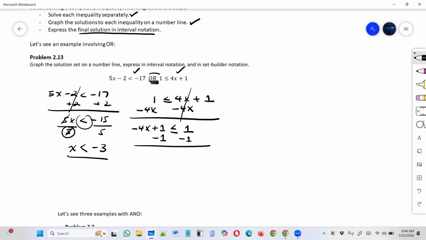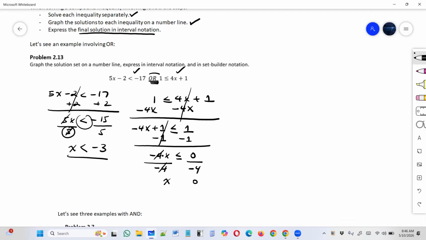So I subtract 1. They cancel. And I have 1 minus 1, 0. Now I have to get rid of this negative 4 that is multiplying my x. So I have to divide both sides by negative 4. They cancel here. I get 0 there still.